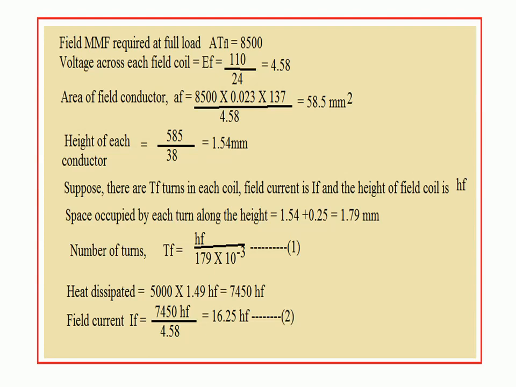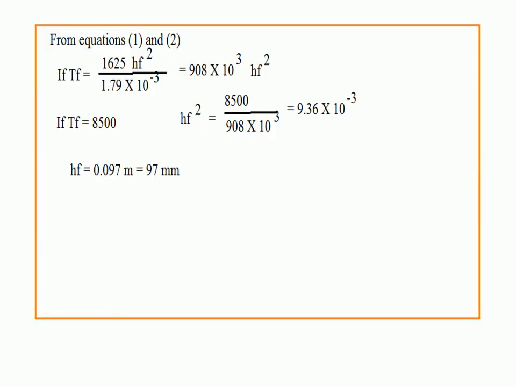You frame equation 2. From equations 1 and 2, you substitute the previous equations and then solve. We are going to get the height of the field winding as 97 mm.